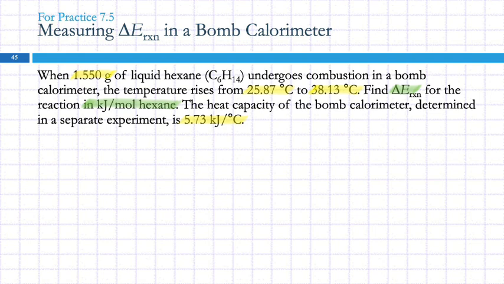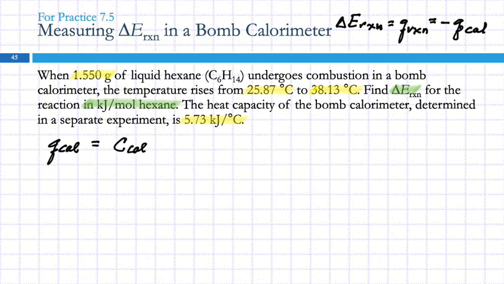So we know that delta E for the reaction is equal to Q for the reaction because this is at constant volume, so the work is 0. And so that's going to be equal to negative Q for the calorimeter. We can calculate how much energy was absorbed by the calorimeter, and then we know that that was the amount lost by the reaction. So Q for the calorimeter is going to be equal to C for the calorimeter times the change in temperature for the calorimeter.